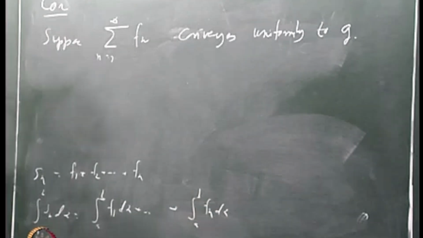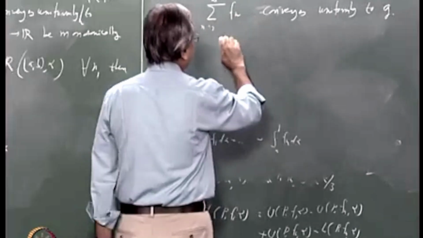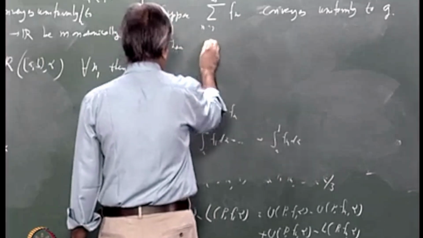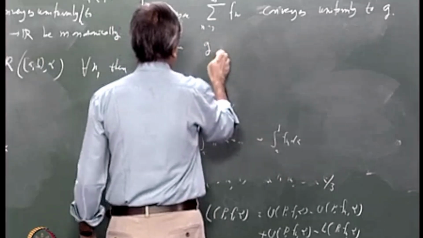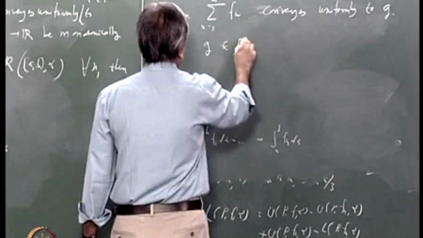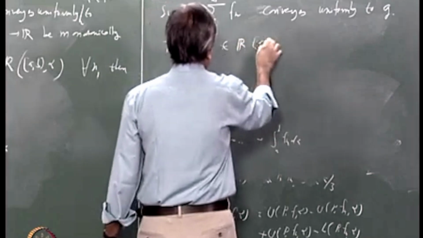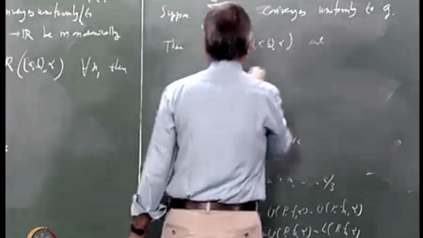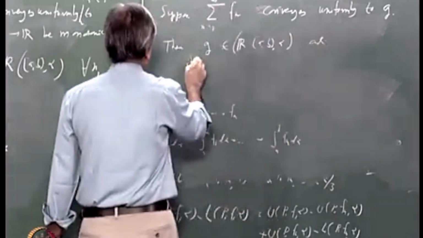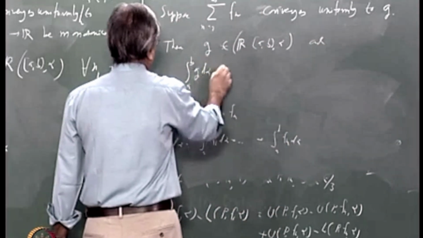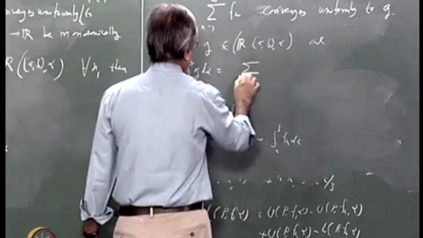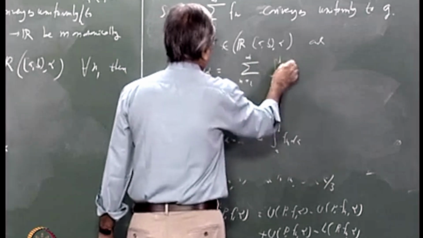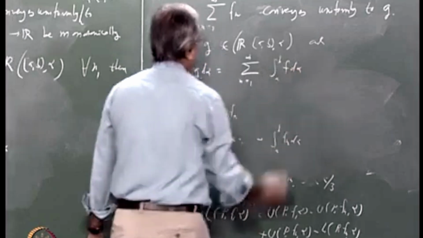So in other words, what I can say is that if sigma fn converges to g uniformly, and g also belongs to R(alpha) on [a, b], that means g is also integrable, then integral a to b g d alpha is same as sigma n going from 1 to infinity of integral a to b fn d alpha.